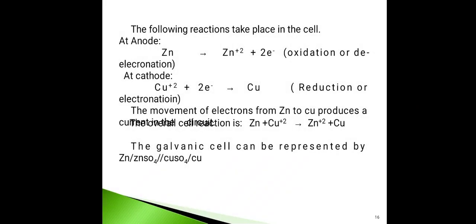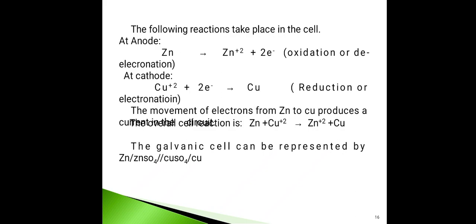Now let us go for the anodic half cell reaction and cathodic half cell reaction. At the anodic half cell, zinc undergoes the loss of electrons and gets converted into zinc ions, and the electrons will move to the external circuit through the battery and get collected at the surface of the copper electrode. Now the copper undergoes the reduction, it gains those electrons, and the copper ions present in the solution take up the electrons and are converted into copper metal.